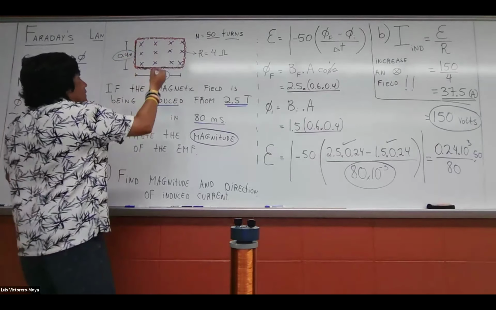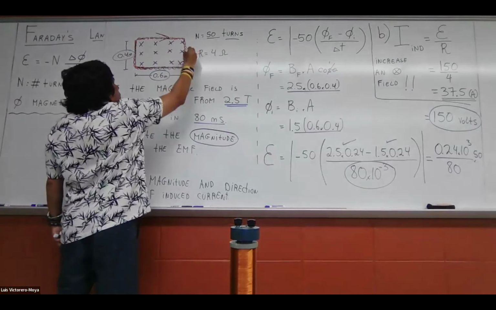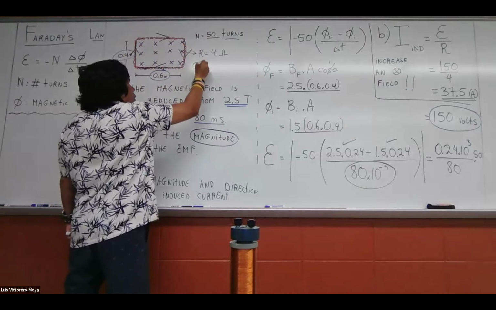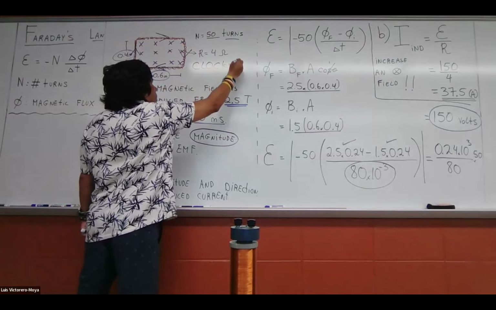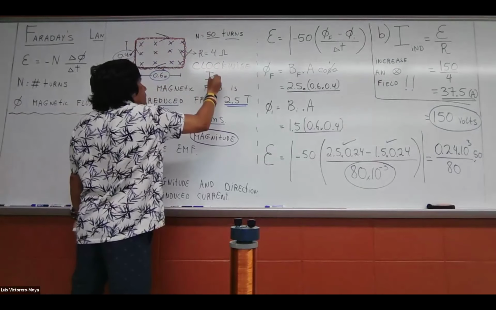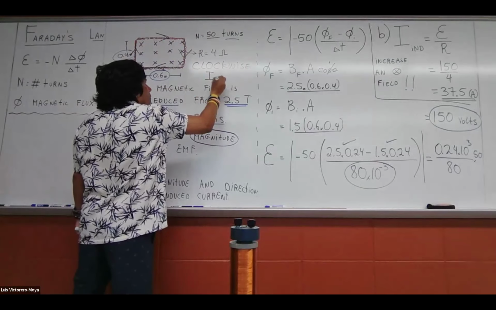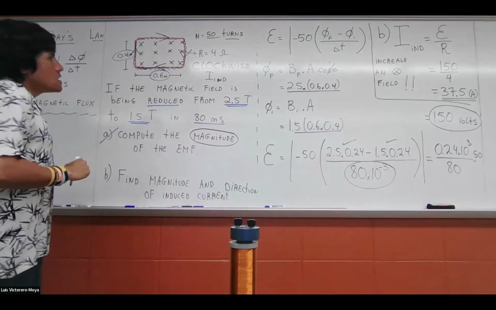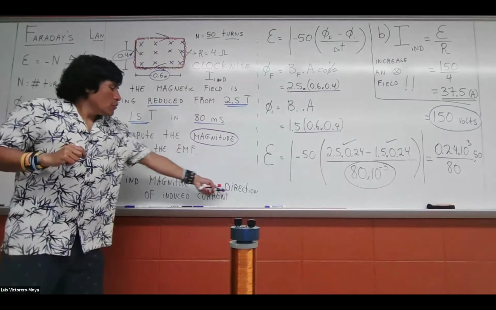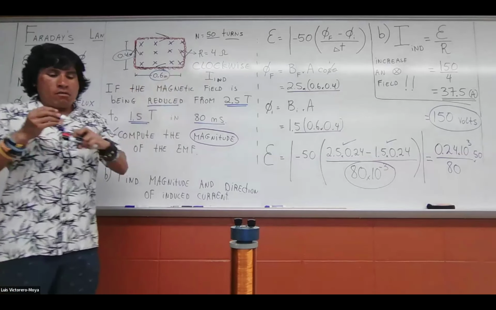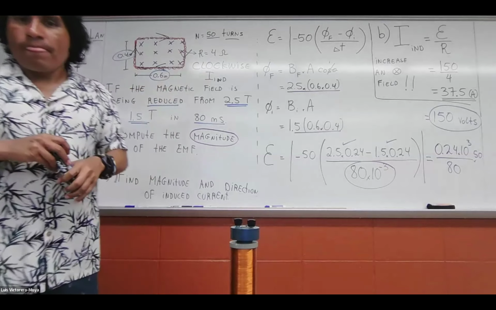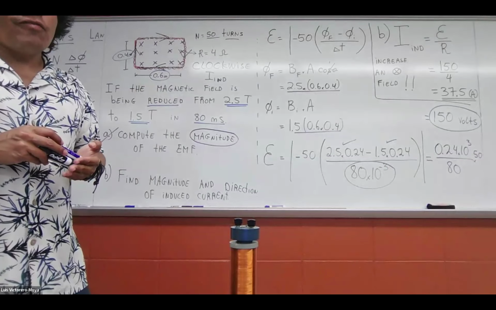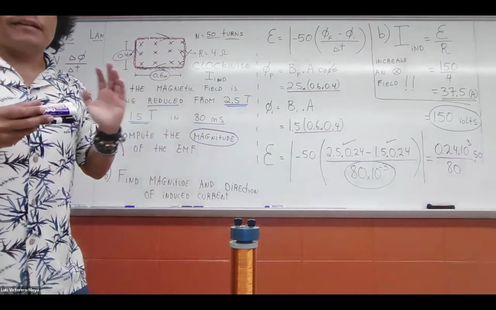The current goes clockwise. A clockwise current increases the field into the page. So the direction for the current will be clockwise. All right. That's an application of Faraday's law and how to determine the direction of the currents.